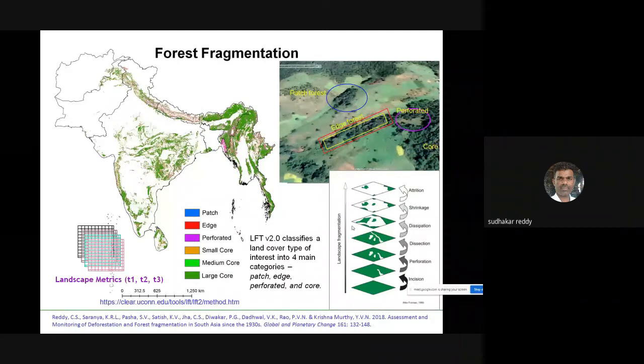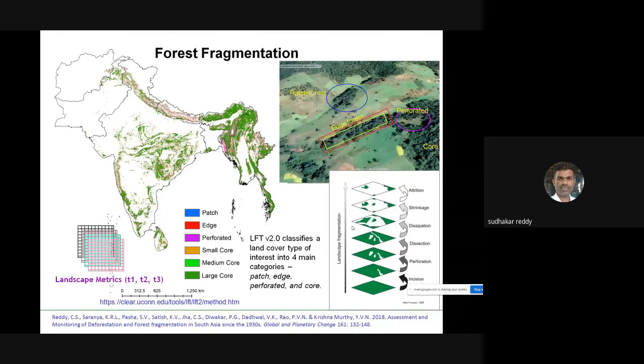This map shows the forest fragmentation for the South Asian region, and it clearly identifies major or high fragmentation in the northern Western Ghats, central India, and parts of Northeast India, Bangladesh, Myanmar, and Nepal. The least fragmented or well-conserved forests are found in the central and southern Western Ghats.